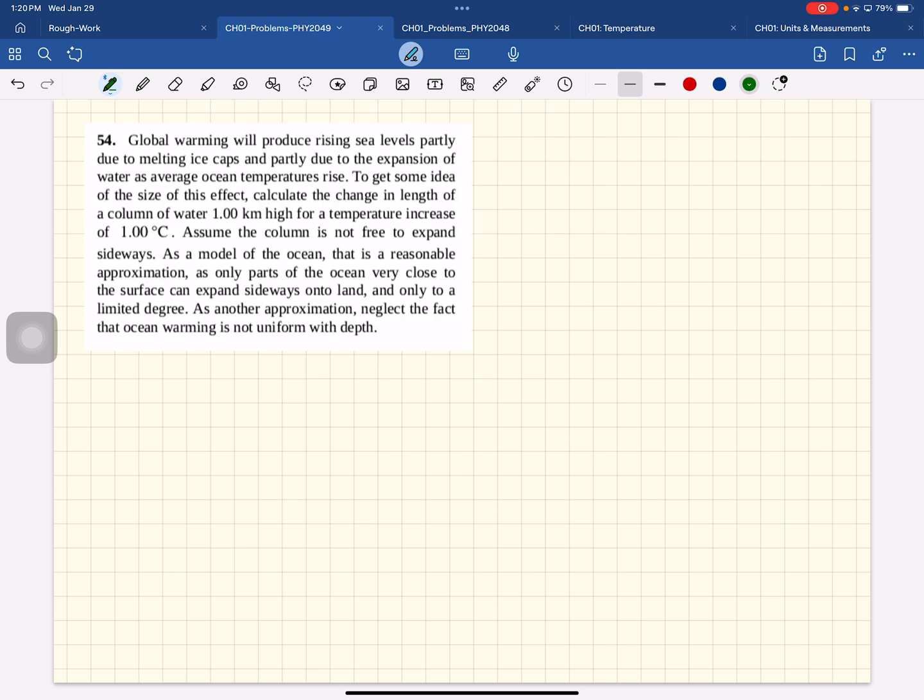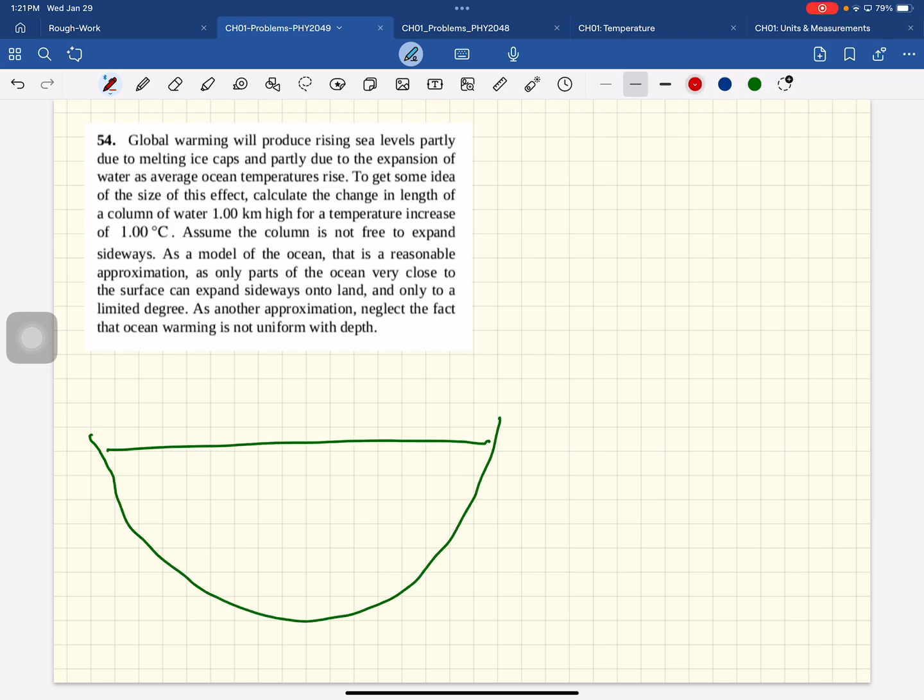All right, this problem is the following. Let's say this is the ocean. We'll look at a column of water, and as you warm the ocean, the volume of this thing will increase.